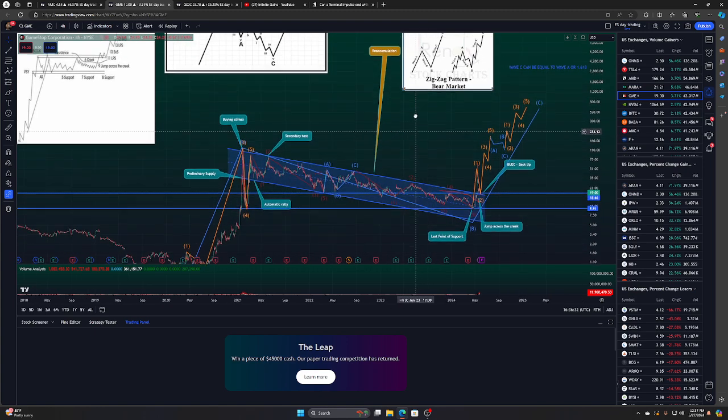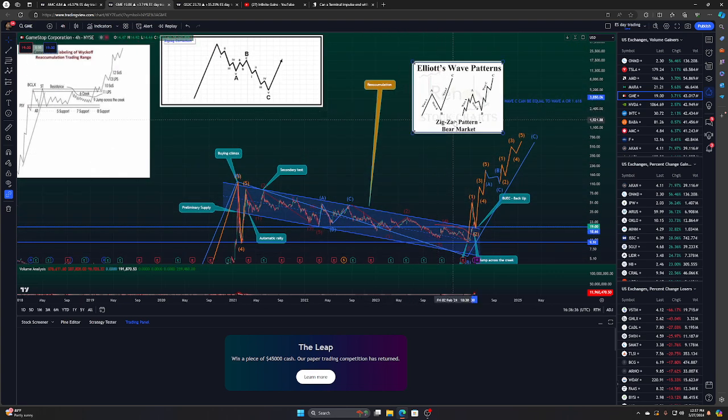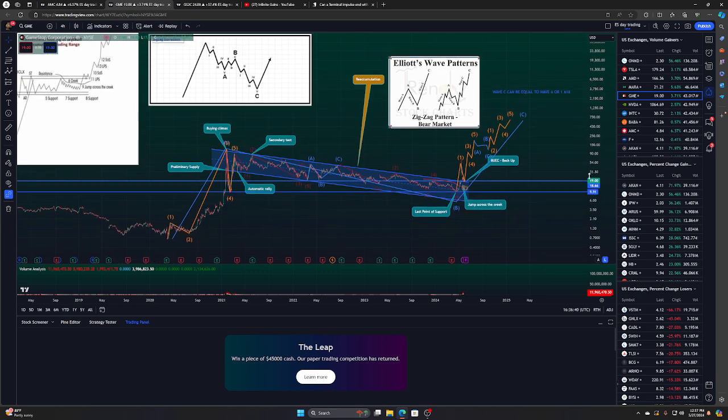I'm just charting very simply what I'm seeing and what I think is possible. So if somebody knows this better than me and wants to build off of this and chart this in a way that they think is correct, that would be awesome.